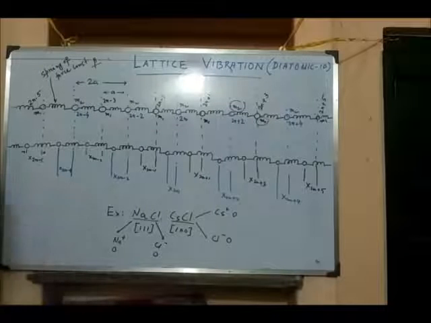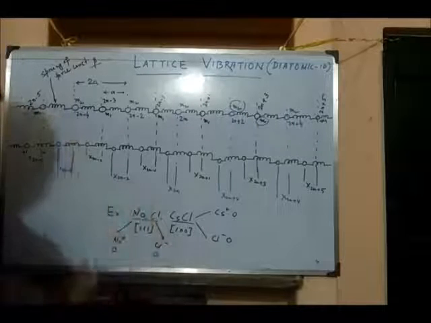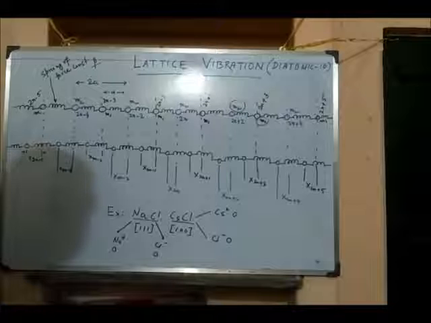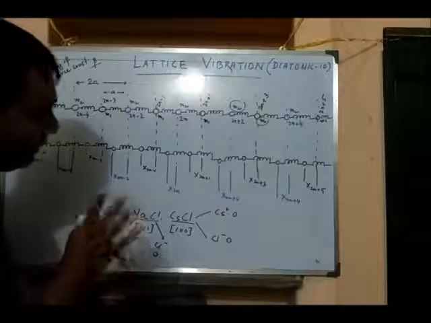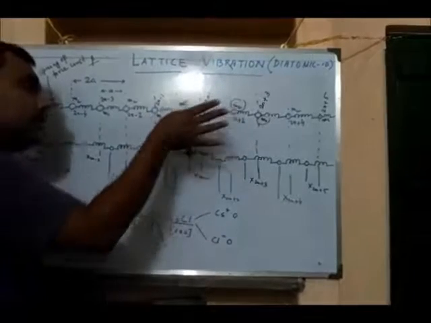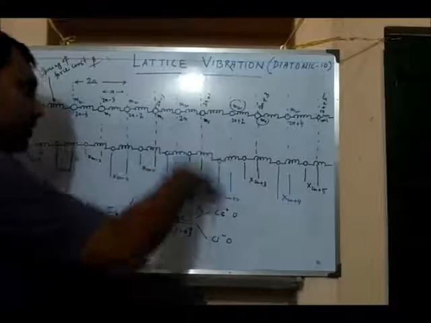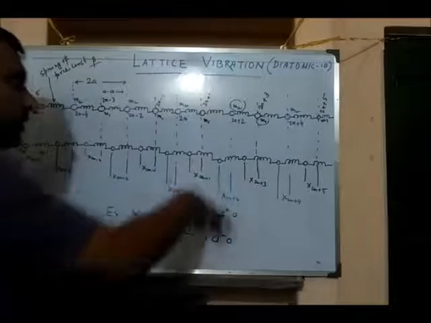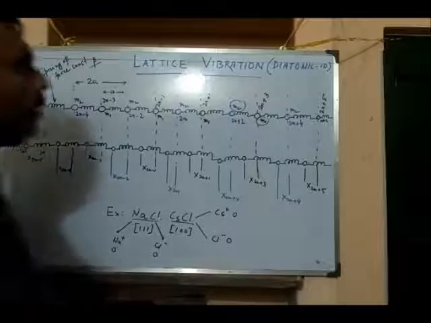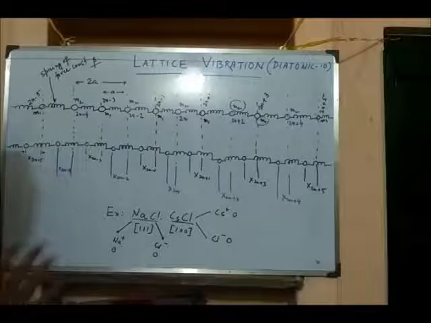So we consider the vibration in those planes, but we are not considering the vibration of those atoms connected along the direction perpendicular to the plane, and along the other direction. So we are considering only the one-dimensional diatomic lattice vibration at this point.